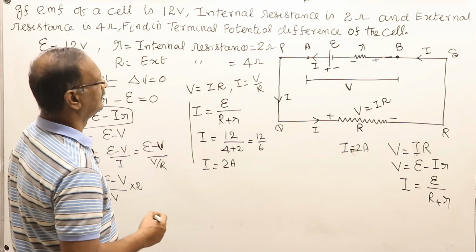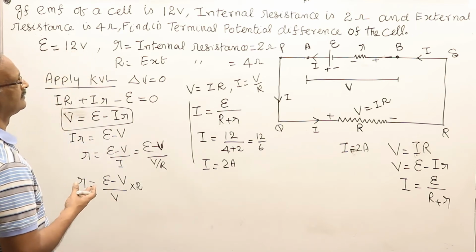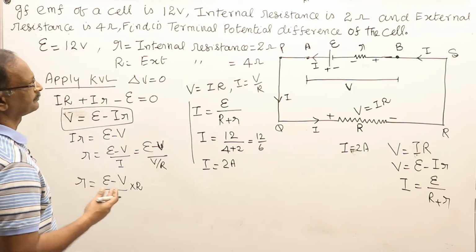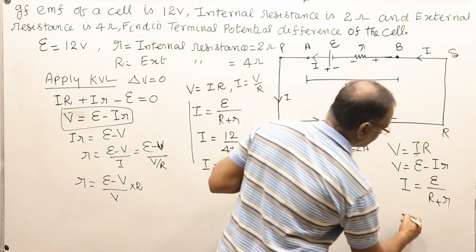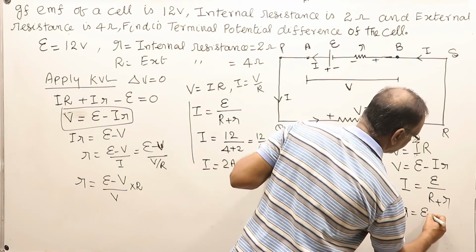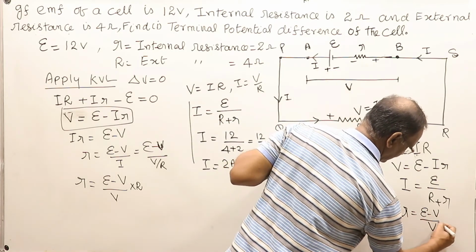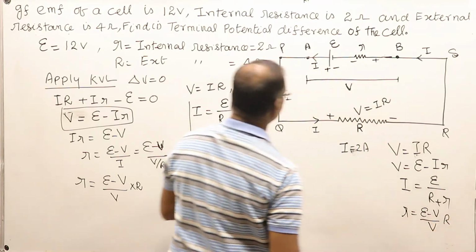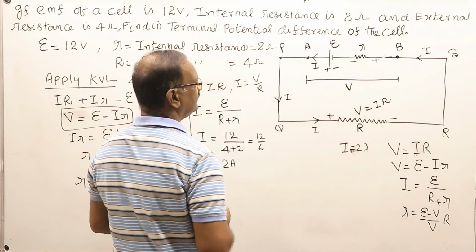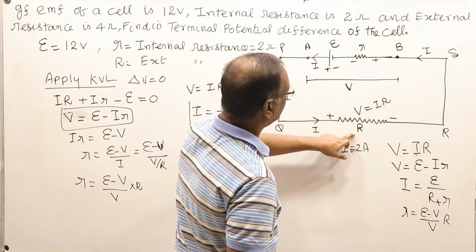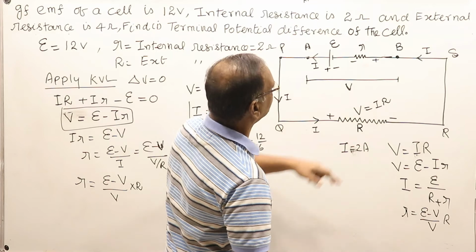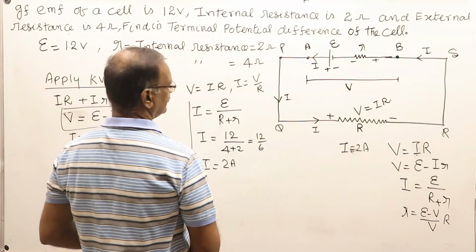So internal resistance r is equal to E minus V divided by V into R, where V is the terminal potential difference between the terminals, R is the external resistance, and small r is the internal resistance of the cell.